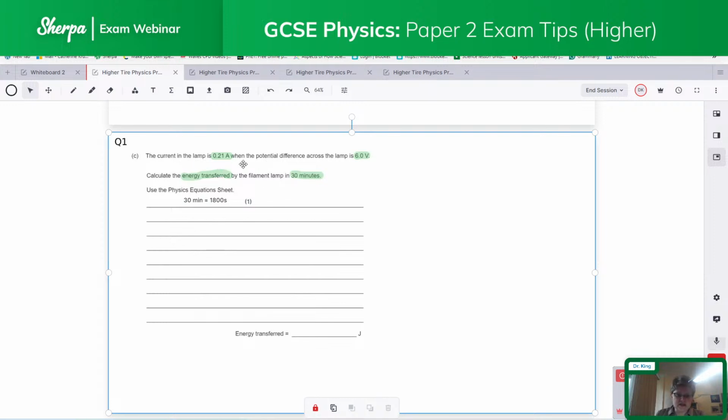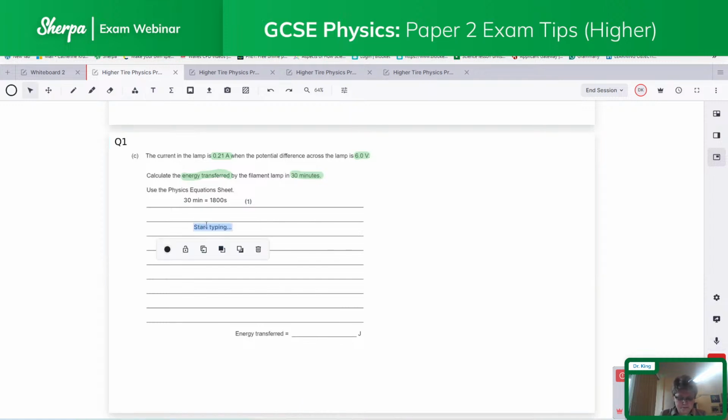Energy transferred, it's how much energy will be transferred through your filament lamp within those 30 minutes.